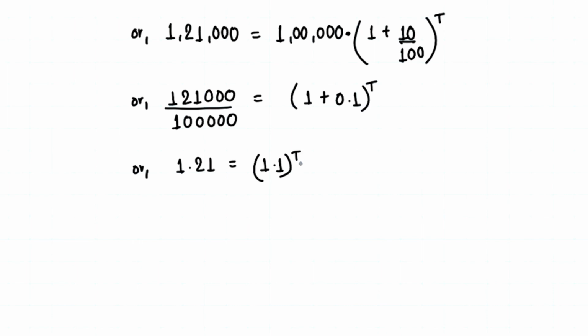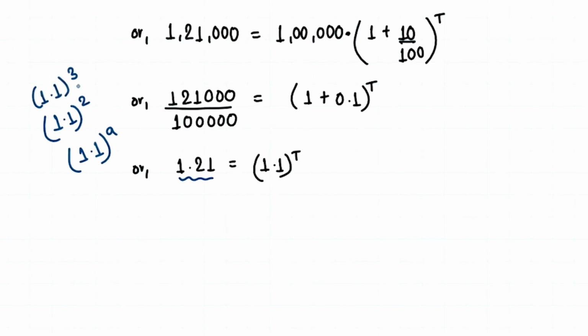Now to find the value of t, what we are going to do is we are going to convert this 1.21 into something like 1.1 to the power of something. Now you can check this in your calculator, okay? So it could be 1.1 square, or it could be 1.1 cube, okay?